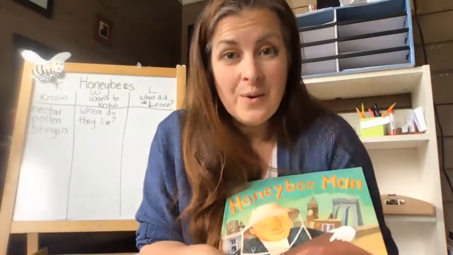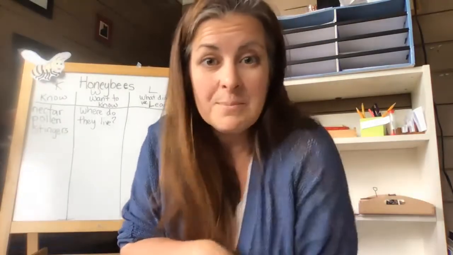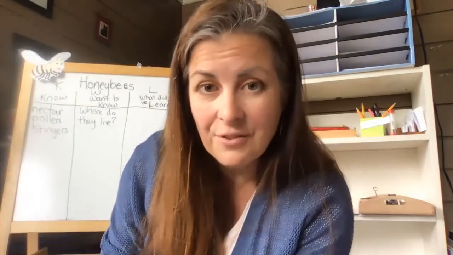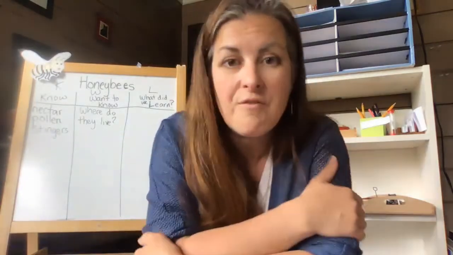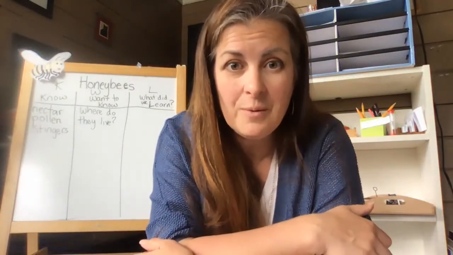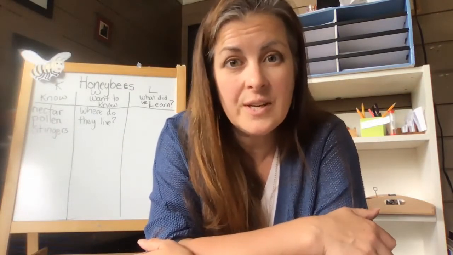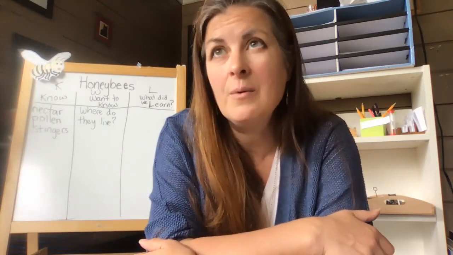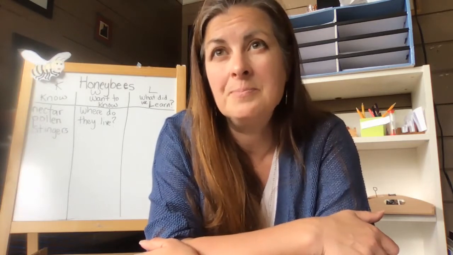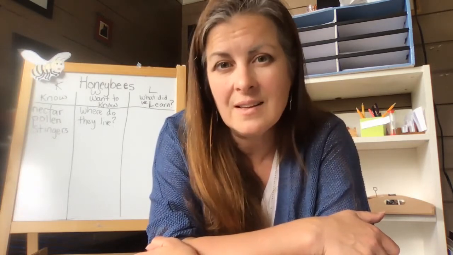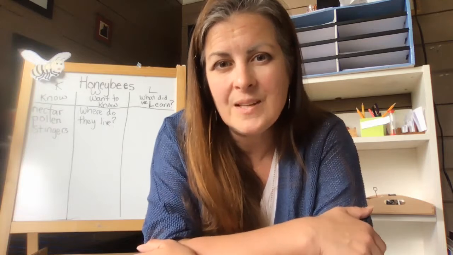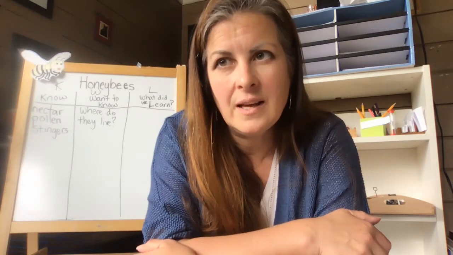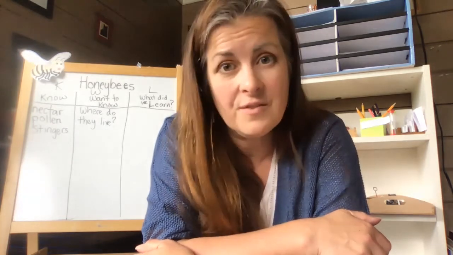Did you know that different types of honey taste differently depending on what flowers the nectar came from? So if the nectar came from flowers that are not very sweet, like, well, like dandelions. Dandelions aren't very sweet.